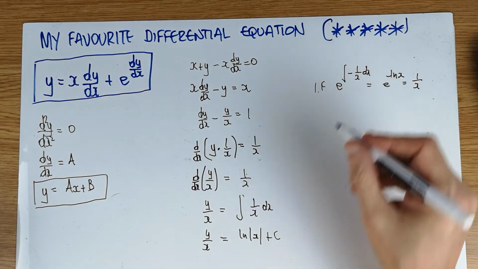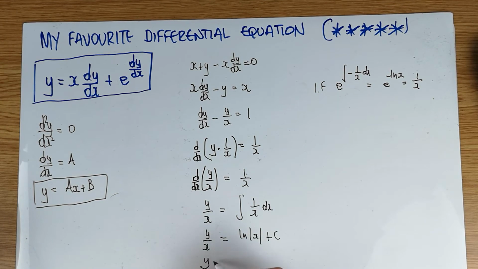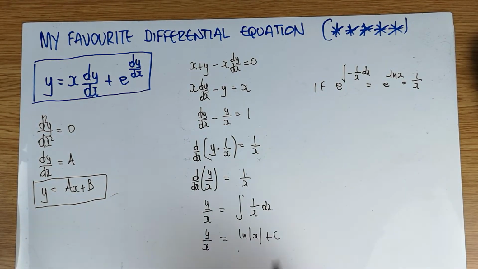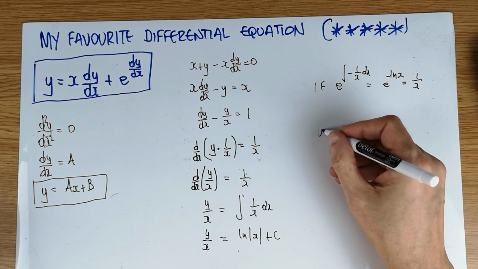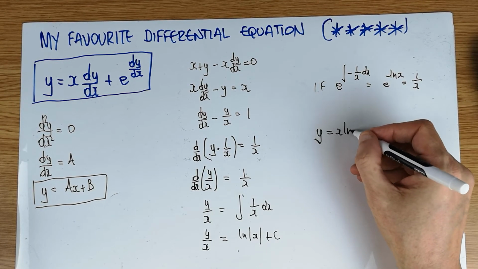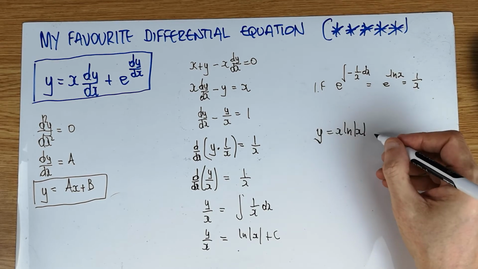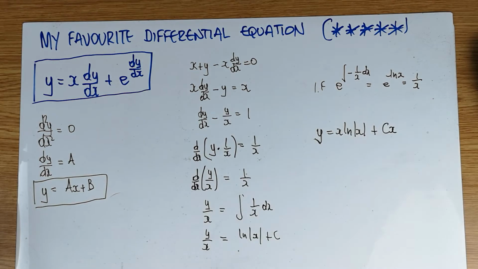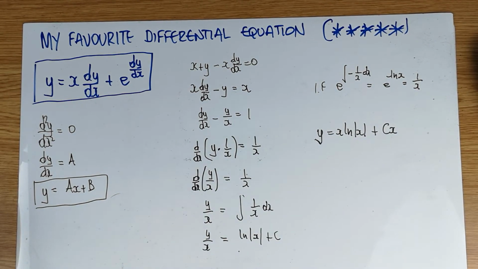So we have finally y is equal to x times, what's happened to the pen? Something probably doesn't like it on the surface there. Y is equal to x log x plus some constant x. So in fact, this is another solution.